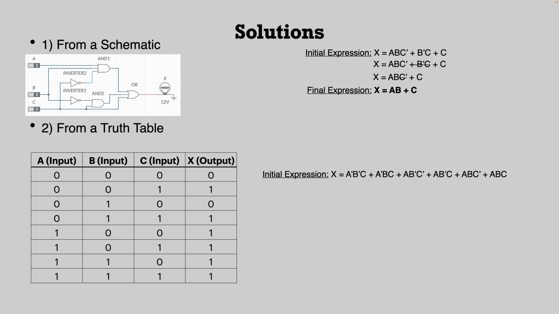And you can do truth tables on this to prove it if you wanted to, but I won't right now, because we're going to go to the second one, which is solving the expression from a truth table. So if you take all the 1s in this truth table and you were to make an expression out of those, where all 3 variables are present, you get this pretty lengthy expression that I won't read out entirely.